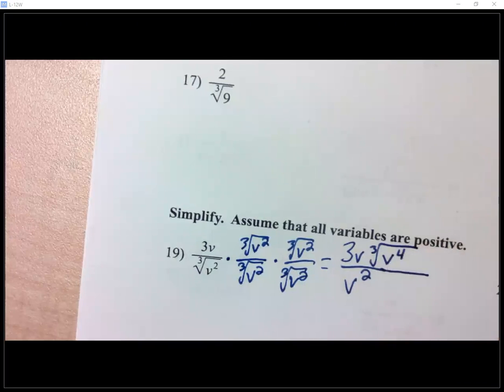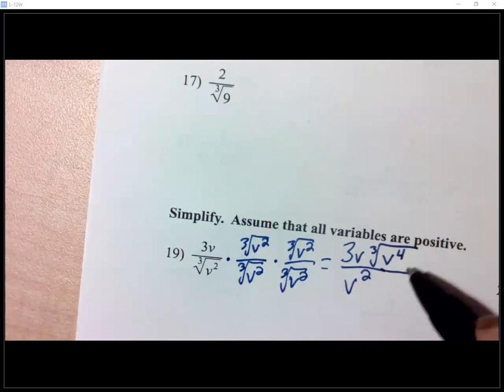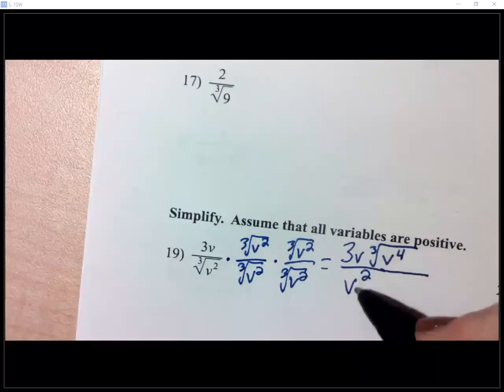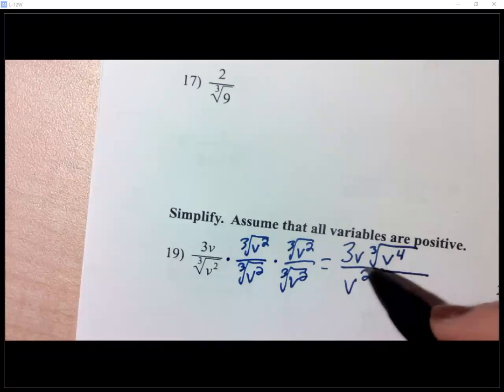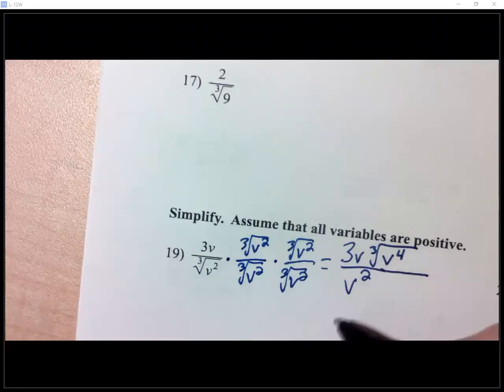And now you would simplify that. Can that be simplified? Yeah, so I have v over v squared, so I can reduce those two with each other. So v over v squared, wouldn't that leave me with just a v in the denominator?